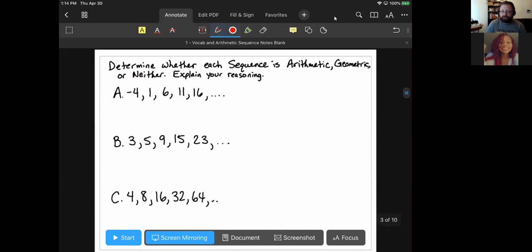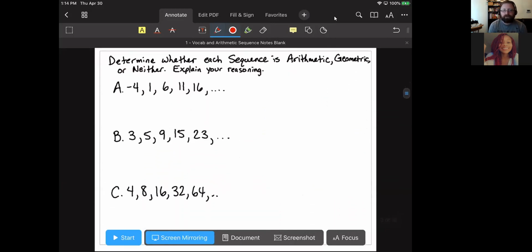So this is the first skill, determining whether a sequence is arithmetic, geometric, or neither. There are not going to be any examples in the notes today of both, but I will write one in at the end so that we know how to recognize it when it's both. So what we're doing here is we're looking for a pattern. We're looking for either an addition or a multiplication-based pattern.